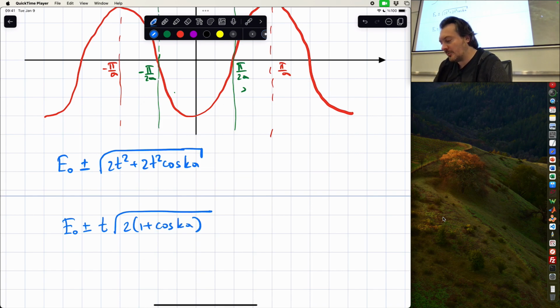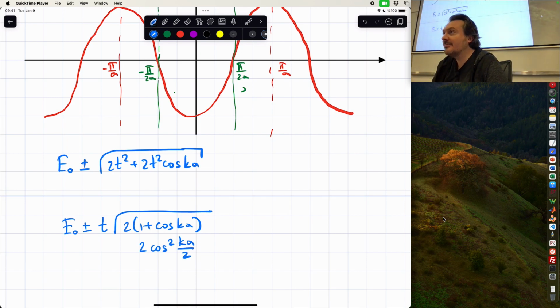Now what is 1 plus cosine ka? It's 2 cosine squared ka over 2.